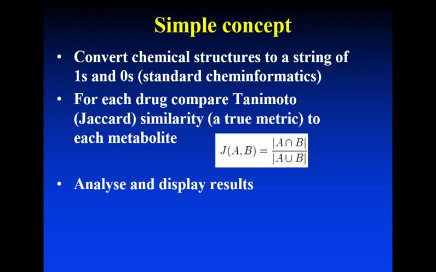So, a simple idea in cheminformatics, which is a sort of subset of big data analysis for small molecules, which I've not really got time to talk about at any level.